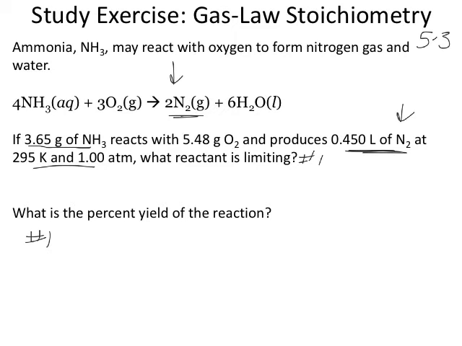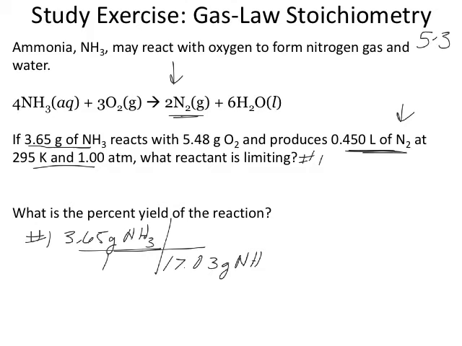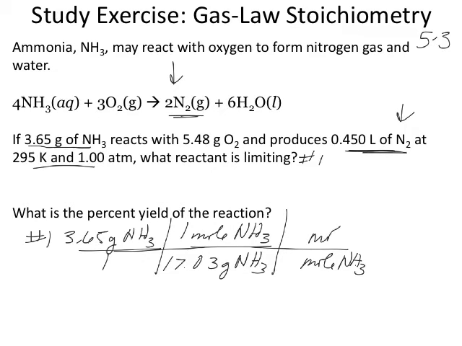So we have 3.65 grams of ammonia over 1. We look at the periodic table and we calculate the molar mass of ammonia, which is 17.03 grams of ammonia for 1 mole of ammonia. And then we're going to do our mole-to-mole bridge where we can go from a mole of ammonia to moles of nitrogen.